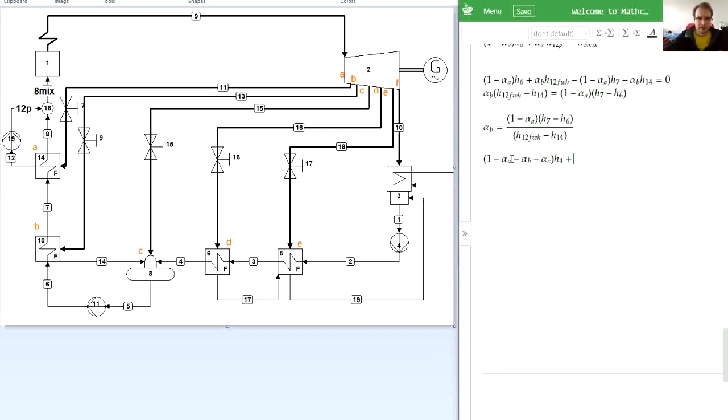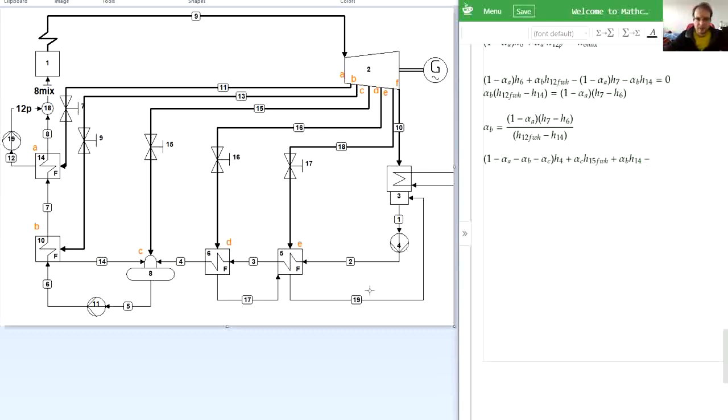The other inlet is alpha C multiplied by enthalpy H15 for the feedwater heater, and the other input is stream number 14, where stream number 14 is just alpha B of mass flow rate times enthalpy H14.